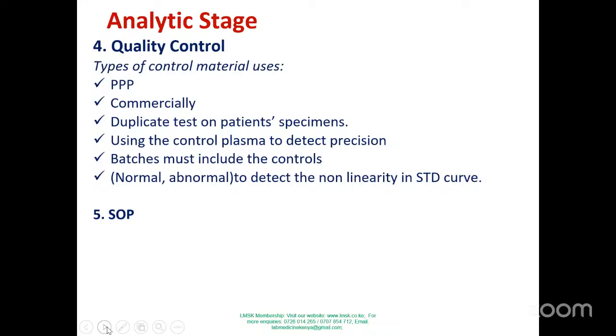Then you run it just to check if there's reproducibility of that result. And then duplicate tests on patient specimens, as we have said, using the control plasma to detect precision, and every batch must include control. So in your control, you should have normal and abnormal, so that you are covering the analytical measuring range for that particular analyte.